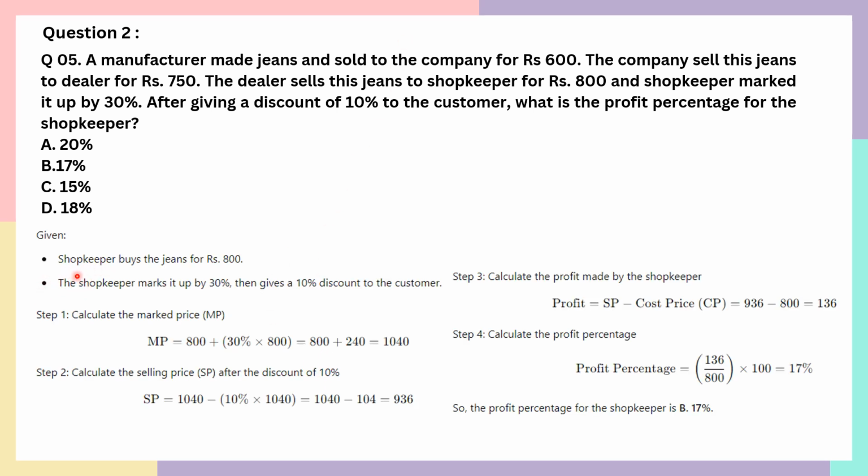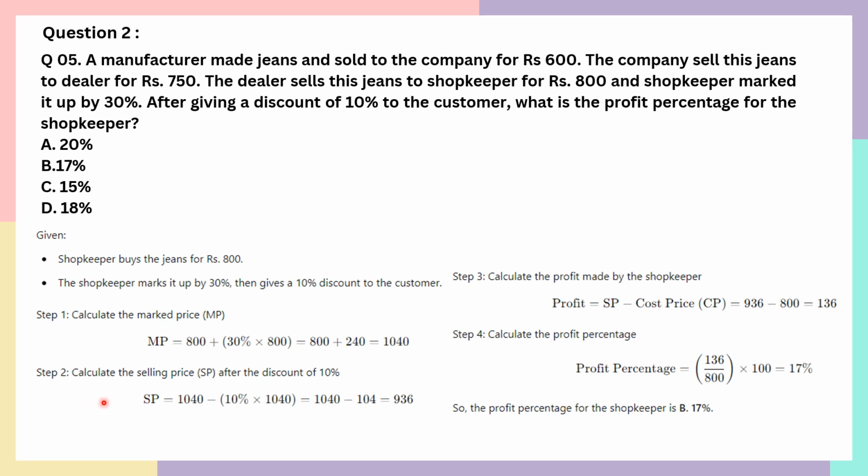So in the question it is given that the shopkeeper buys the jeans for Rs 800 and marks it up by 30%, then gives a 10% discount to the customer. In the first step, we have to calculate the market price. The market price will be the cost price plus 30% gain on the cost price, which is 800 plus 240, giving 1040.